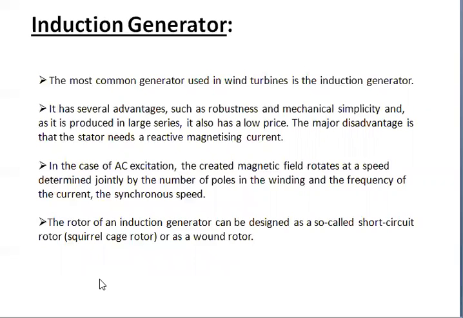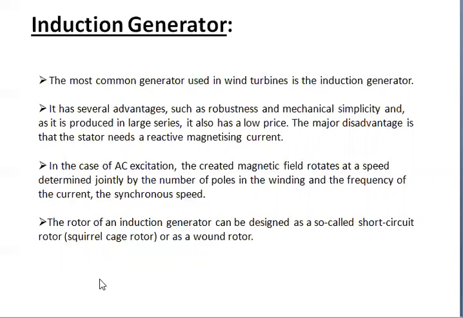The asynchronous generator does not contain permanent magnets and is not separately excited. Therefore, it has to receive its exciting current from another source and consumes reactive power. So the reactive power may be supplied by the grid or by a power electronic system. The generator's magnetic field is established only if it is connected to the grid.